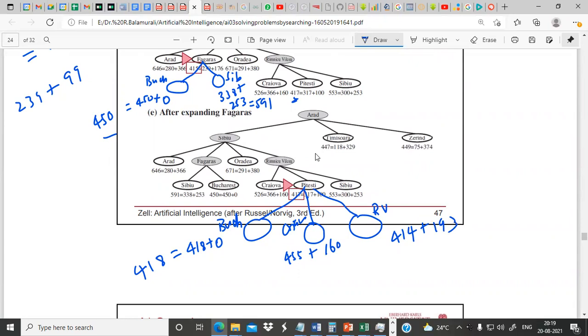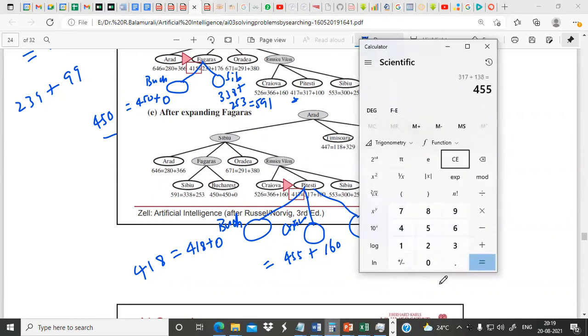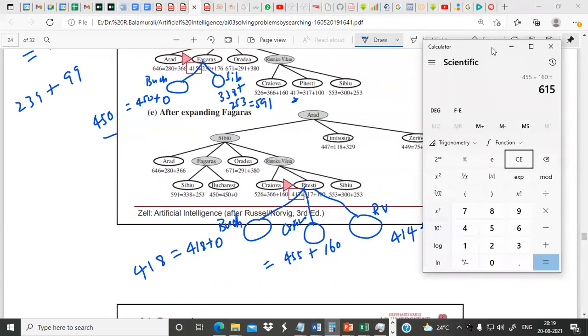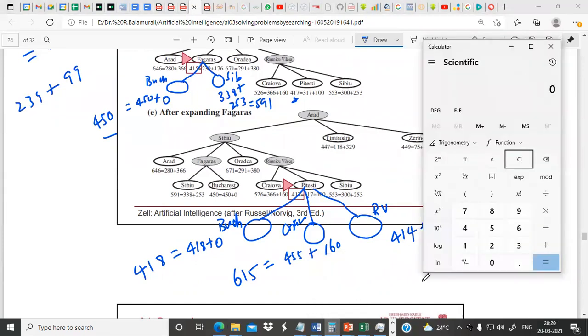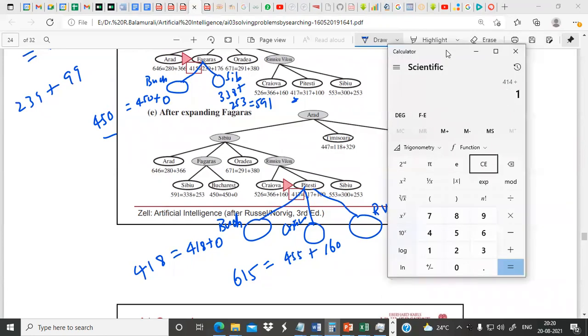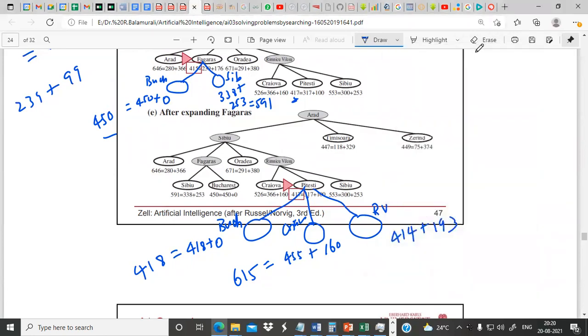For Bucharest, we got 418, and here 455 plus 160, which is 615. And this is 414 plus 193, which is 607.